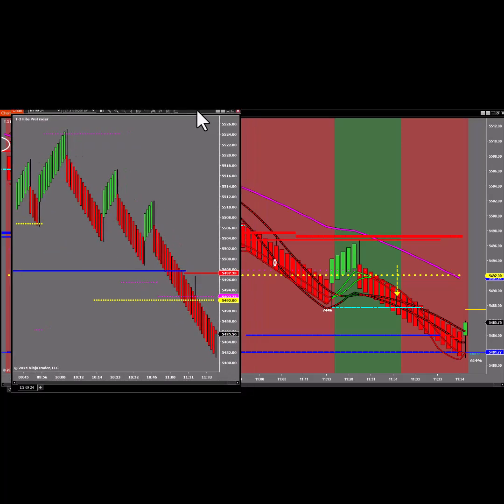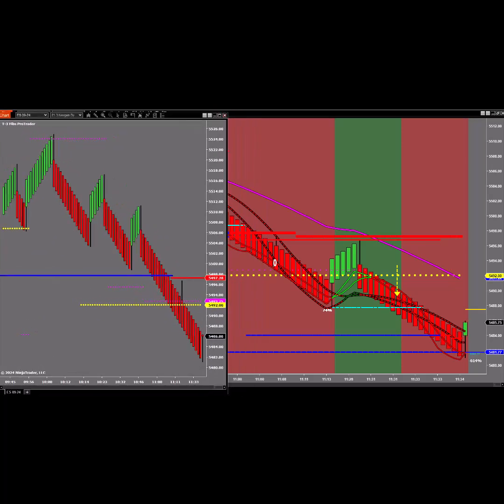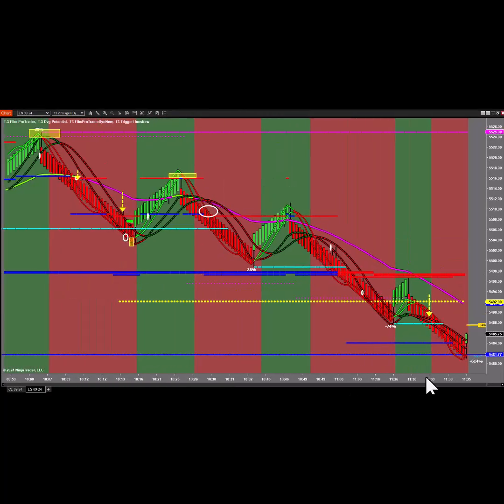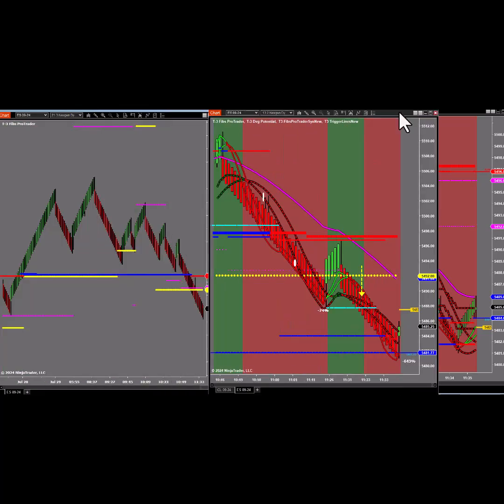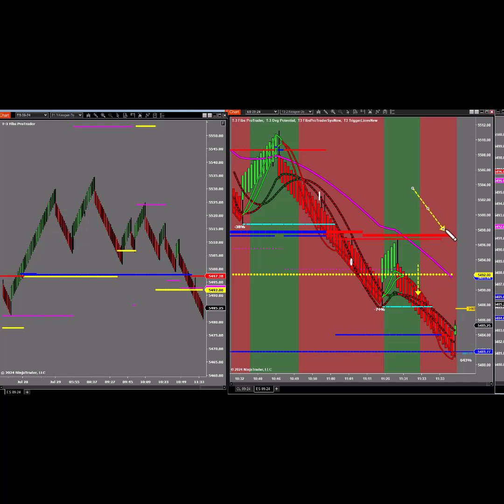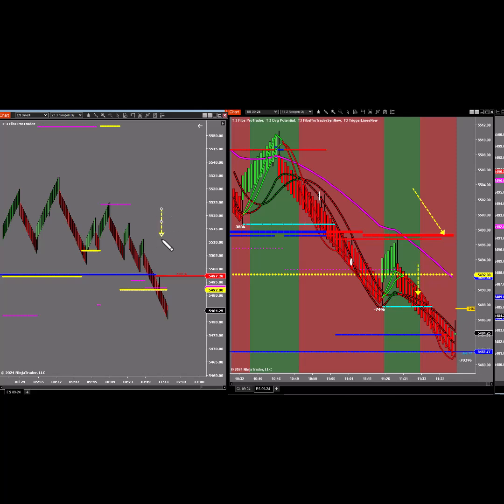Okay, so oops, let me do this. Okay, so these big fat red lines right here, those are 21.3 fibs. So it's the 21.3 fibs superimposed on the smaller chart. Are you okay with that? So it was blue and then it turned red, and that's what happened.